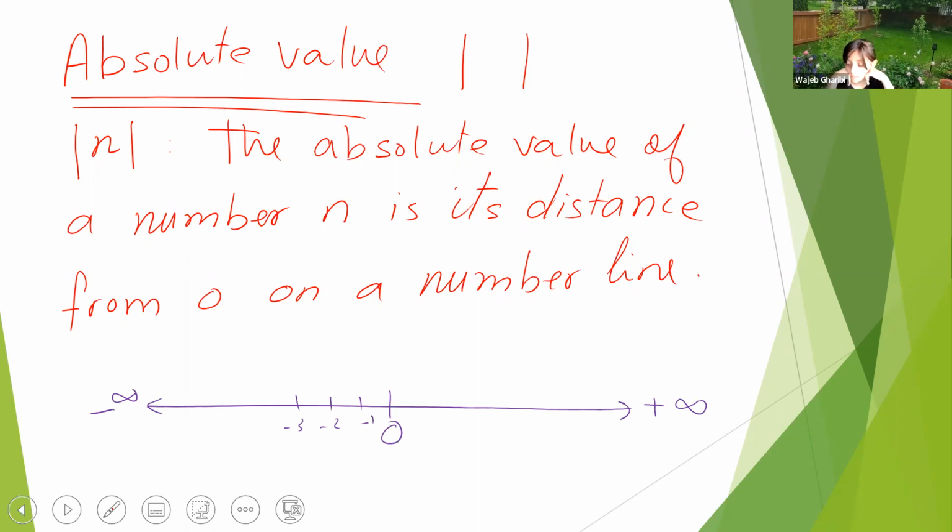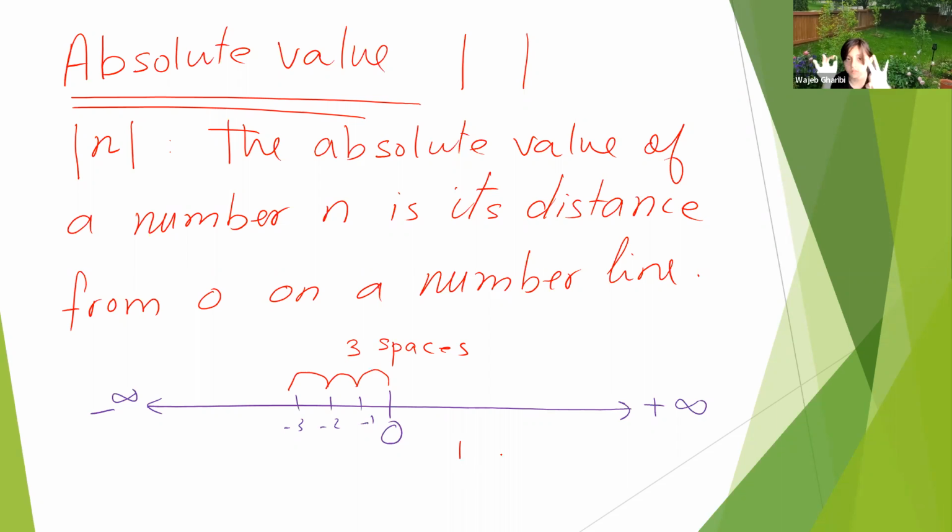So it's the distance from zero. How many spaces? 1, 2, 3. So the absolute value of -3, we write it like that in vertical bars, equals +3.